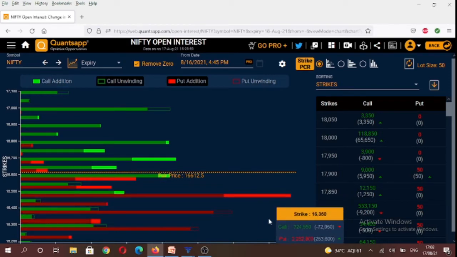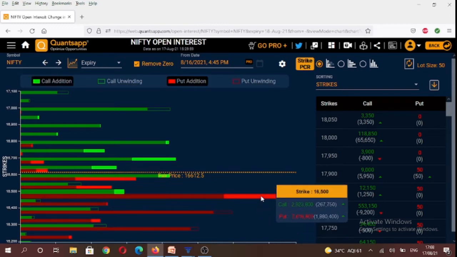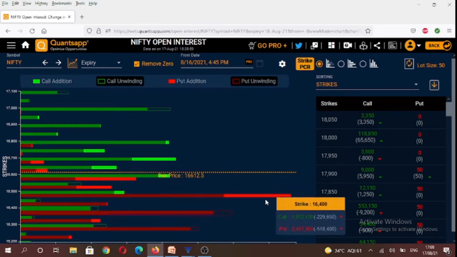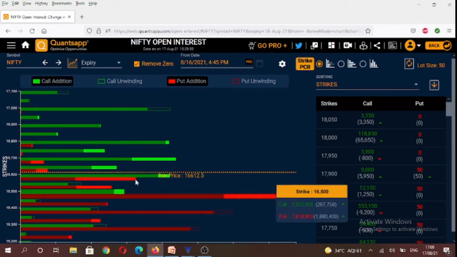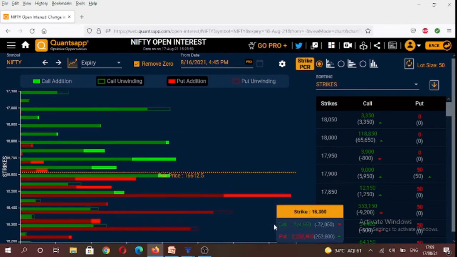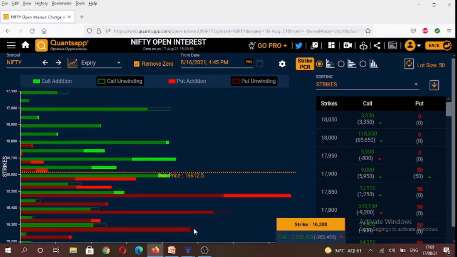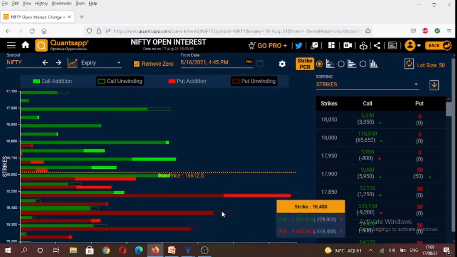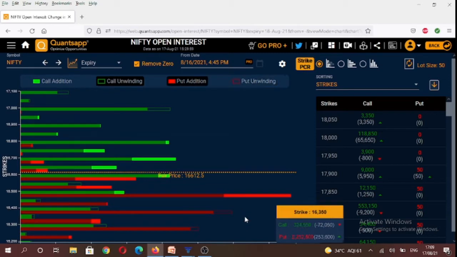On an intraday basis, the highest amount of open interest addition in puts happened at the 16,500 strike, followed by 16,600 put strike, and you will also see open interest reduction in puts at 16,300 put strike, 16,400 put strike.